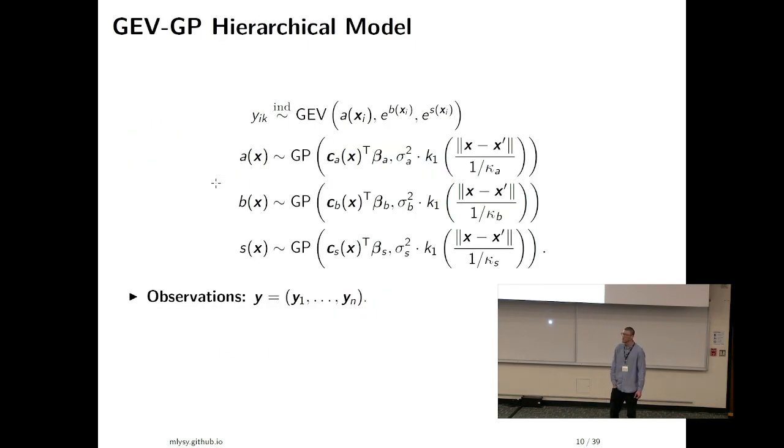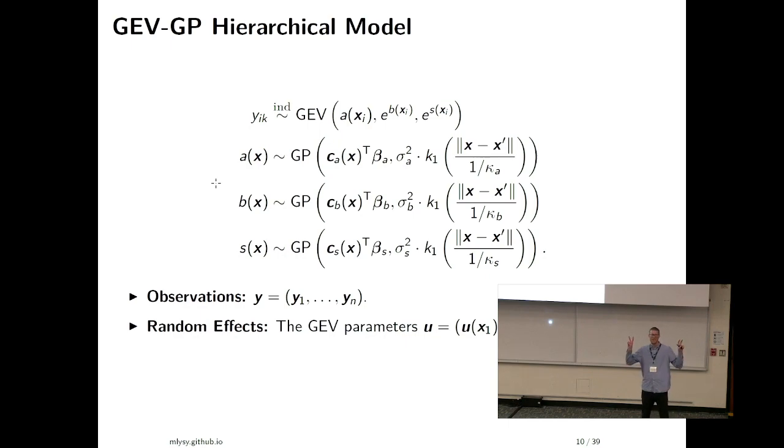All right, so here's what the whole model looks like. It's your good old hierarchical model. We've got the data level on top, where those are the data that are conditionally independent given the parameters, and then each of the parameters has its own Gaussian process model. We've got just a bit of notation. Here are the observations, those are the y's. The random effects, as I'll loosely call them, that's just the GEV parameters.